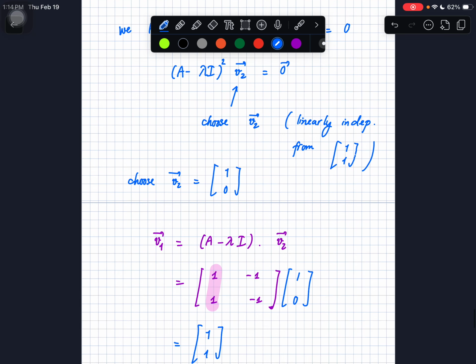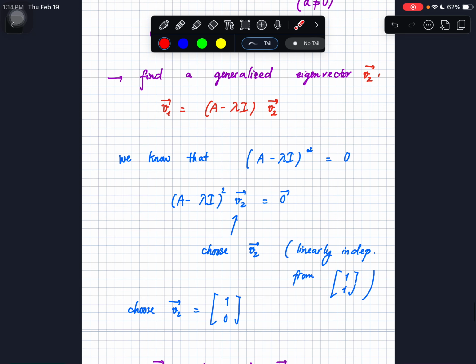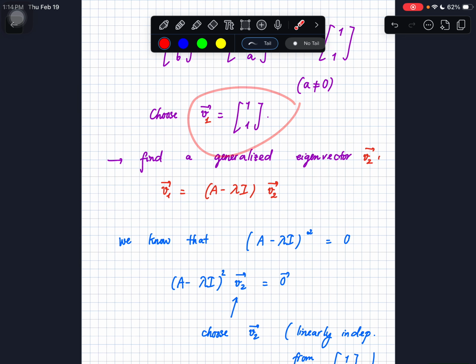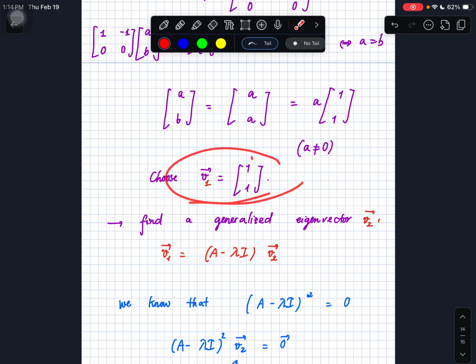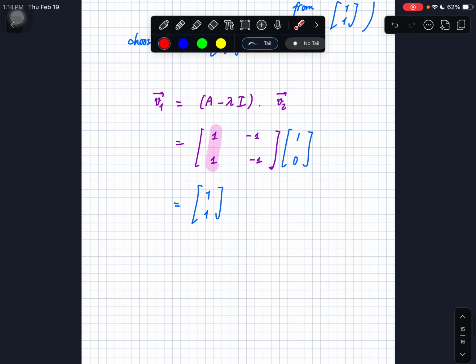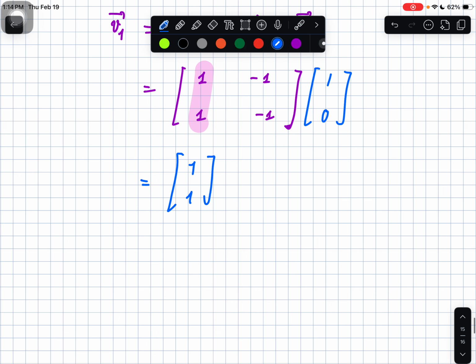So it is exactly that v1 in this case. Usually it can be different from this. It can be (2, 2), (3, 3), or a for other a. But this is our v1, the ordinary eigenvector, and we have v2, (1, 0).